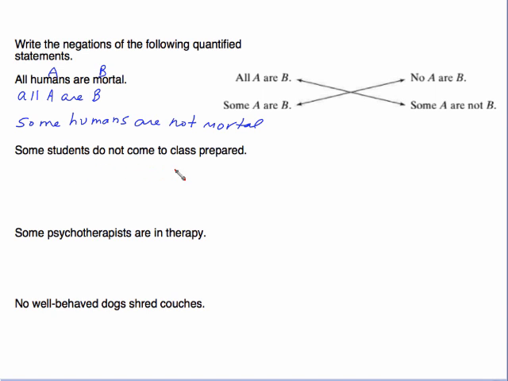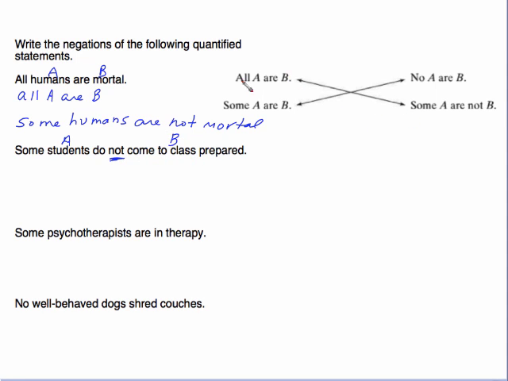Some students do not come to class prepared. You see the word some right here. This says some A are B, but I've got a not in here, so I can't use that one. Come over here: some A are not B. So some students are A, and not coming to class prepared.